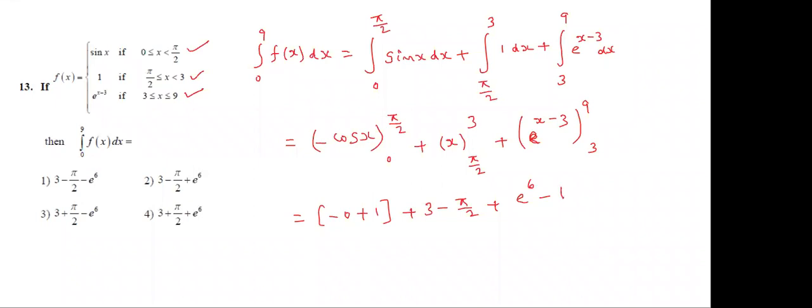So here see the calculation: plus 1 minus 1 cancel. So the remaining answer is 3 minus pi by 2 plus e power 6. Students, observe which option is correct? The second option.